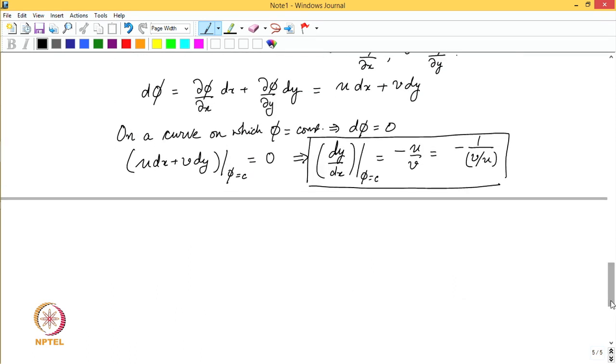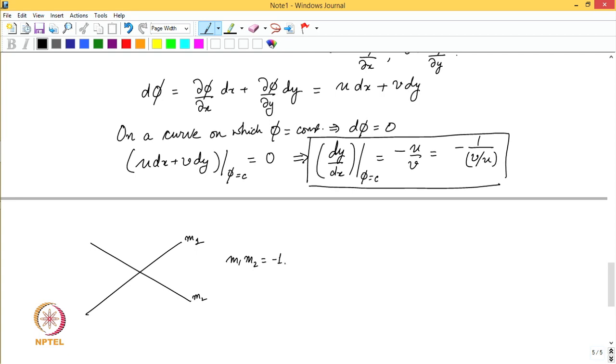If you recall from coordinate geometry, if there are two lines with slopes m1 and m2, the condition that these two lines are orthogonal to each other would be that m1 m2 is minus 1.